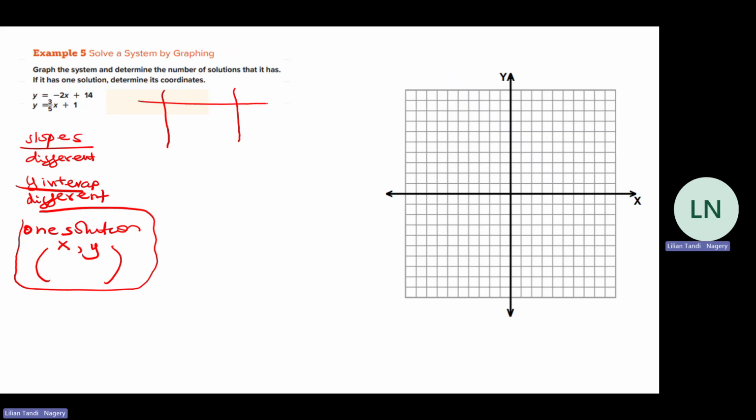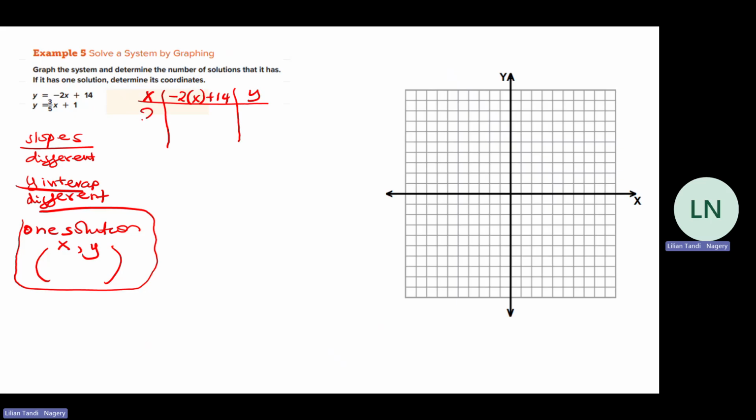It has to have 3 columns. I'll have x and y. And then I will write my equation here, negative 2x plus 14. I will choose 3 different numbers. If I use a negative, my number will be bigger, so I will use positive numbers.